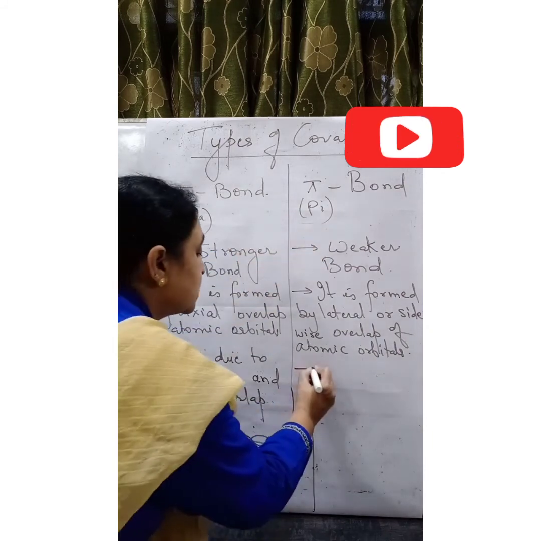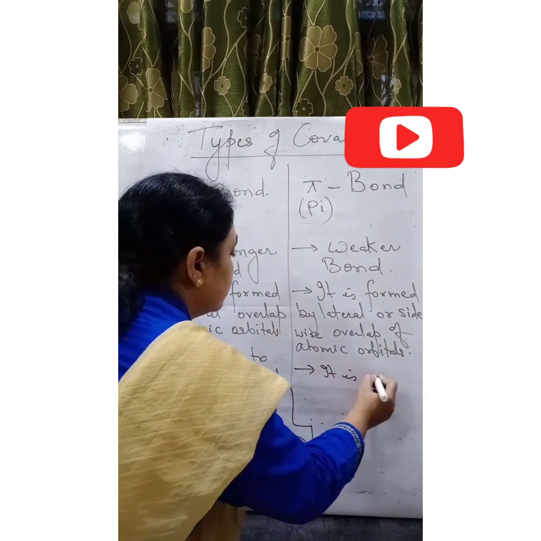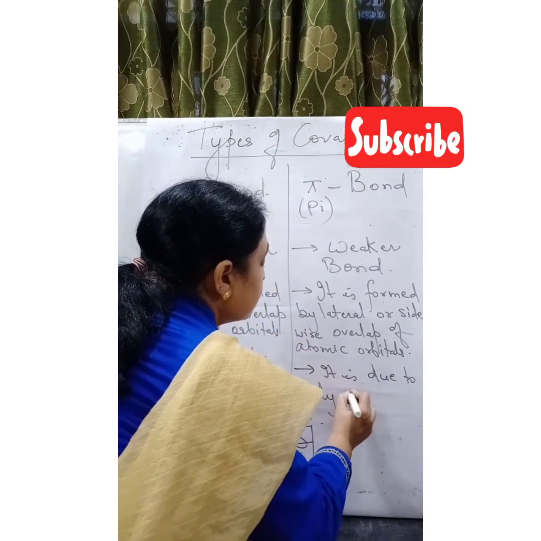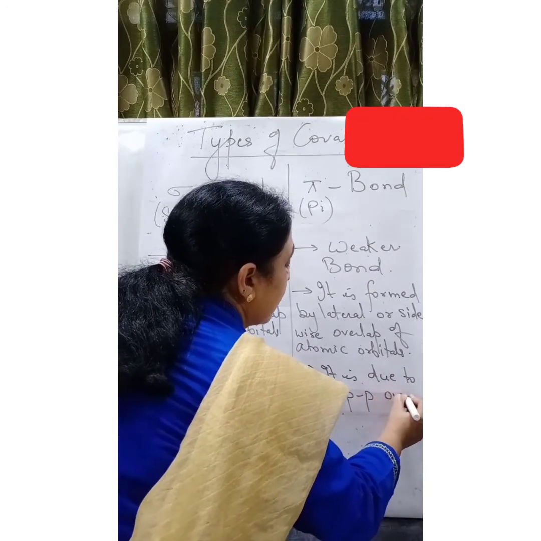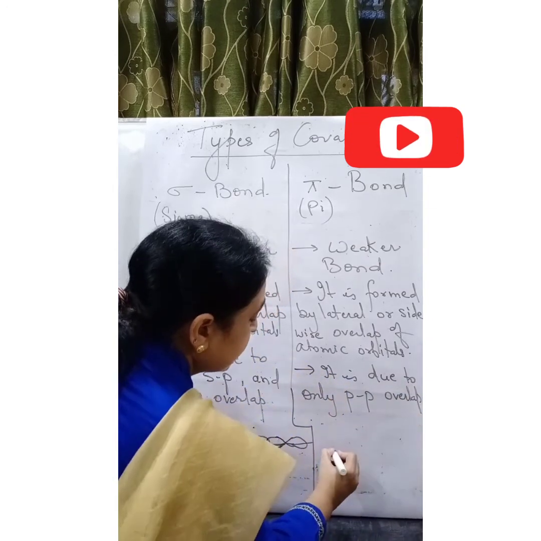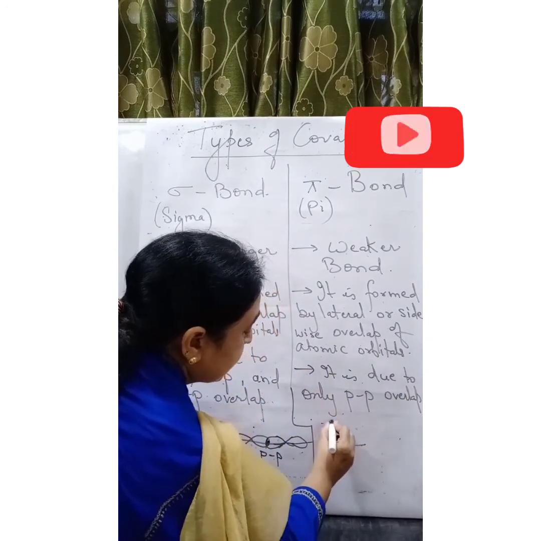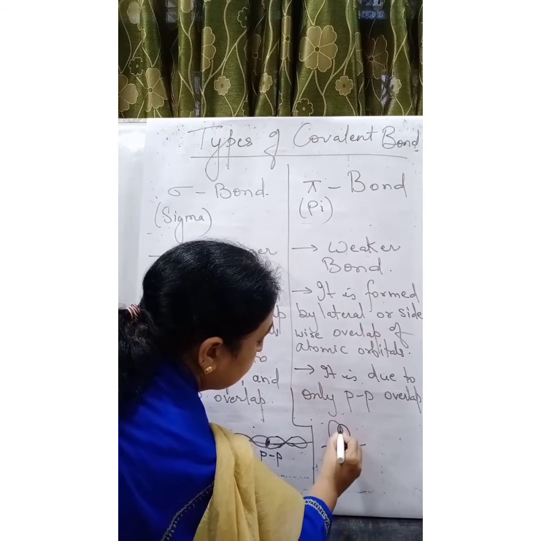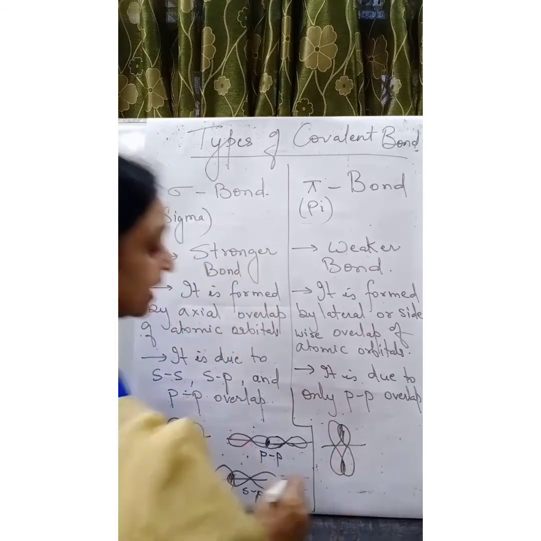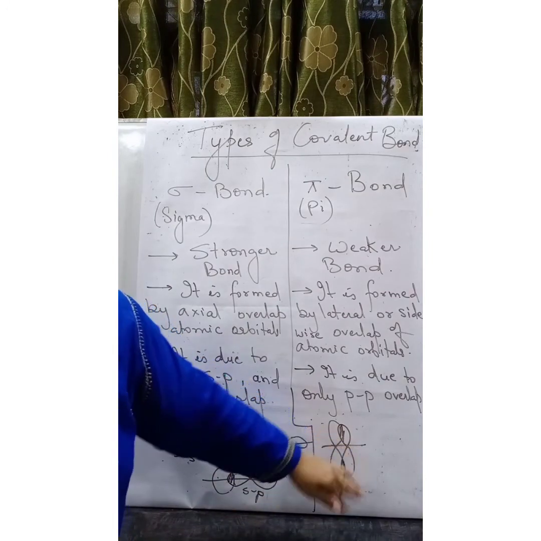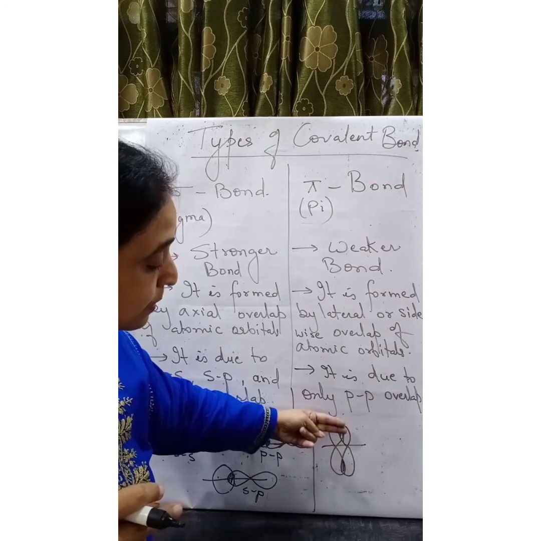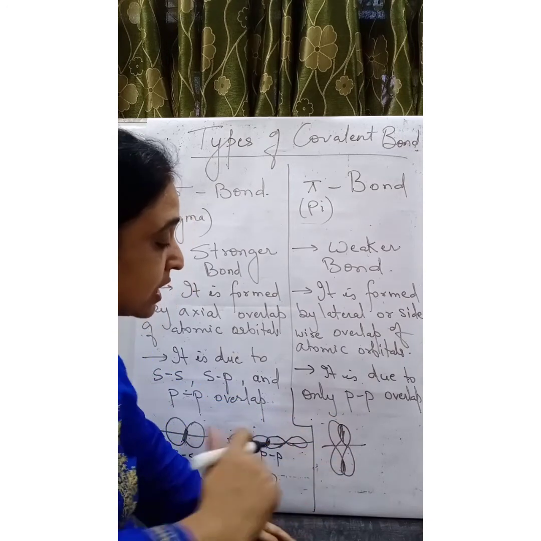Pi bond is formed only due to pp overlap. Now see, this is the internuclear axis, one p orbital, second p orbital. You can see there are only two orbitals which are overlapping, but half of them is above the plane and half is below the plane.